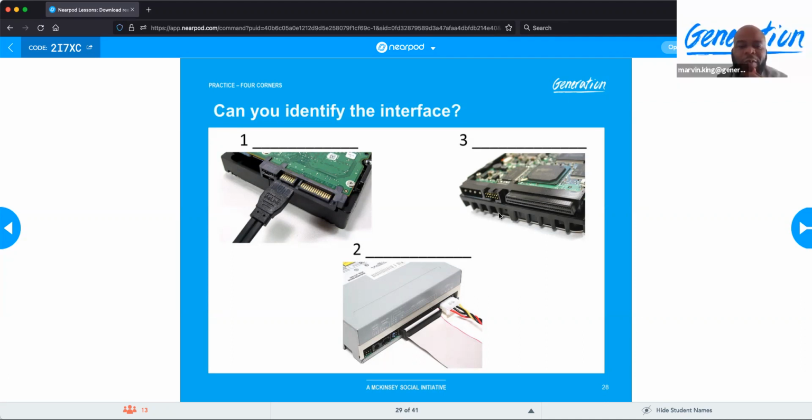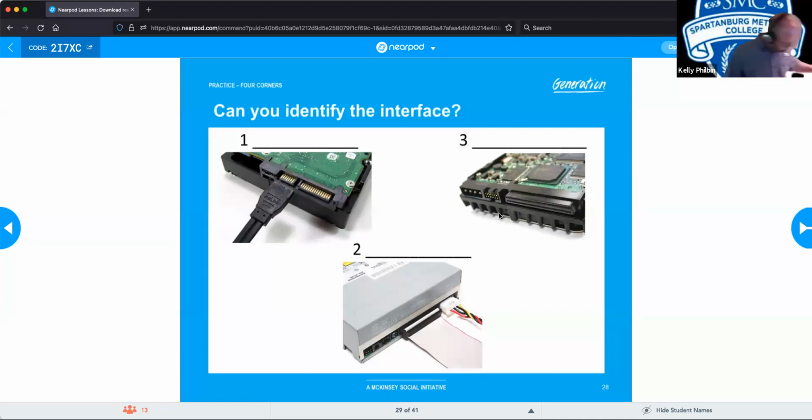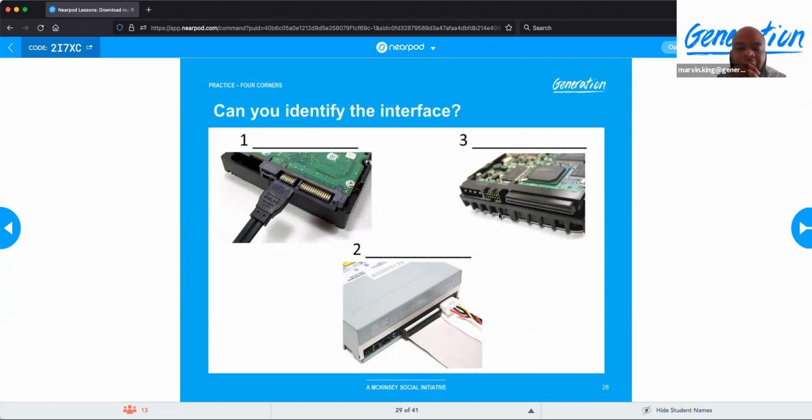Bonus question for number 1. Chris told us that it was SATA. Can you be more specific? Put it in chat or say it out loud. External. Say it again. External. There we go. So the small one is SATA data.